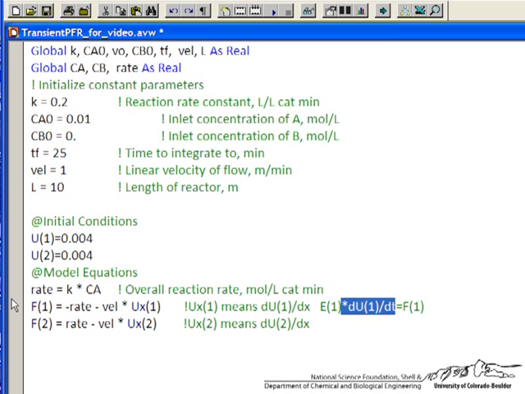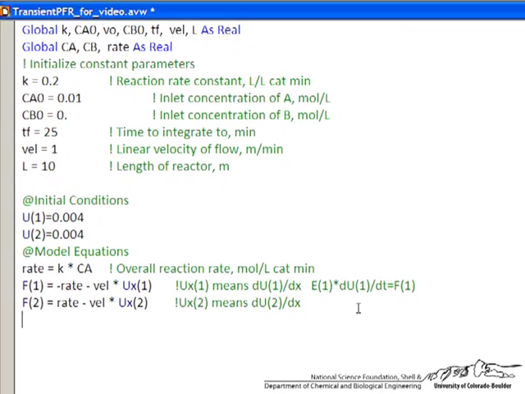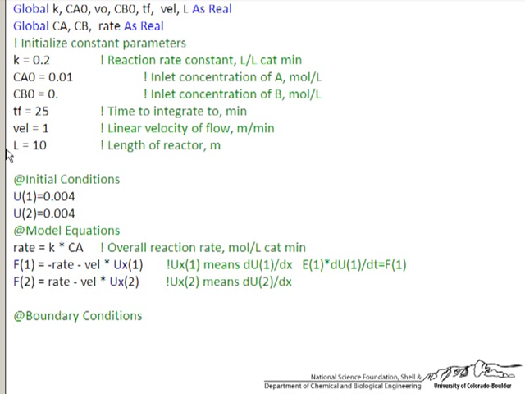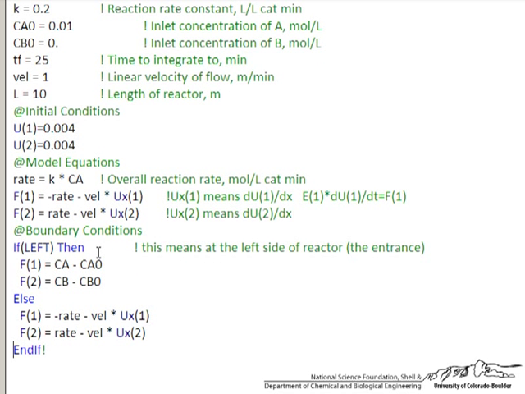And now this notation on the right side, ux, means the derivative of u1 with respect to x. And of course, that means the derivative of the concentration of A with respect to x is a partial derivative in this case. So those two equations are similar, but this is the new notation when we're dealing with partial derivatives. If I hit F11 again, it's going to ask me for boundary conditions. So I've cut and pasted in the boundary conditions.